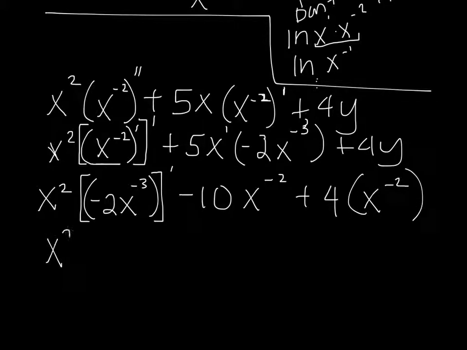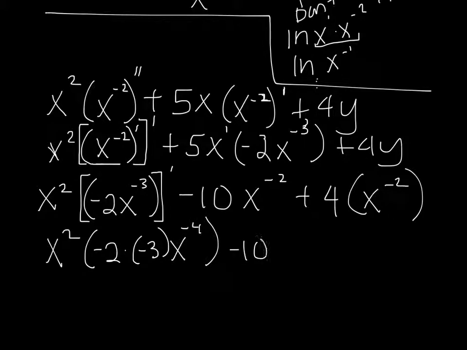So x squared, and the derivative again of this function inside, so it's the power rule with a constant outside. So we have negative 2 times negative 3, x to the negative 4, and I can just rewrite everything else, and these are actually going to combine.